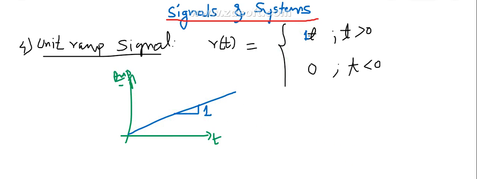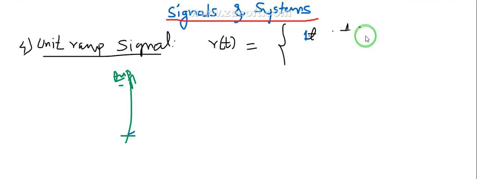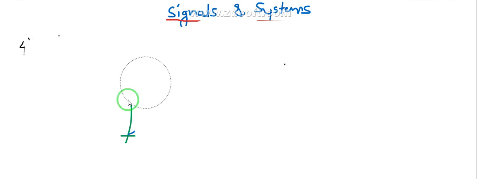The next standard signal is the triangular signal. This is the fifth basic signal.